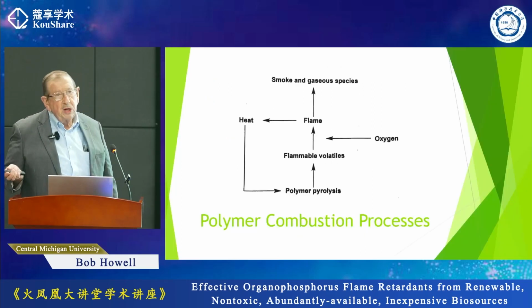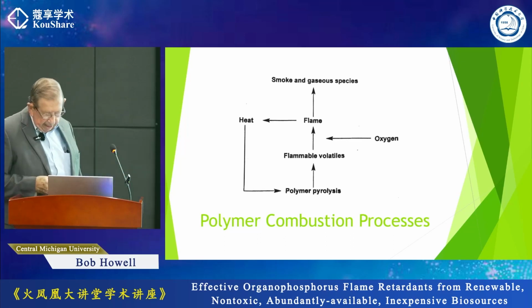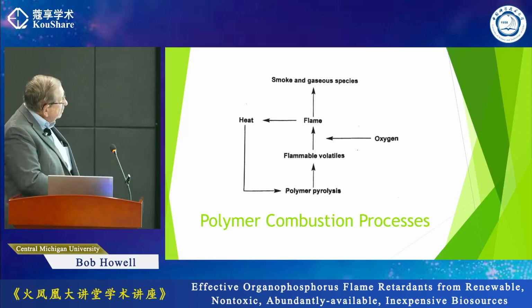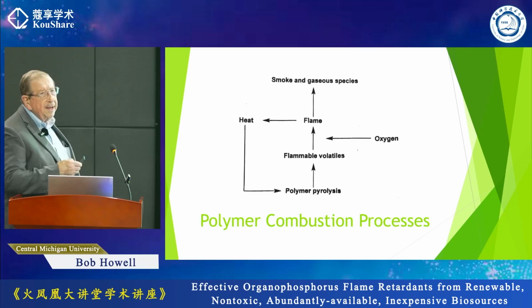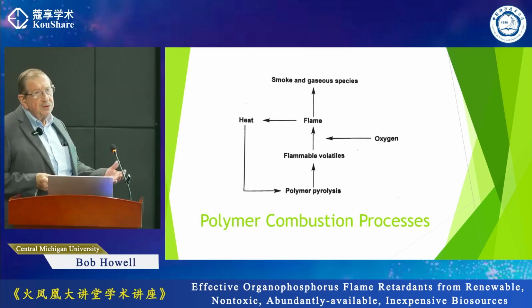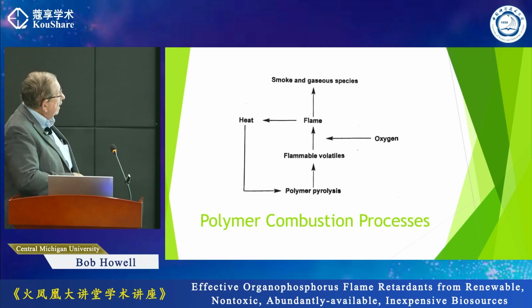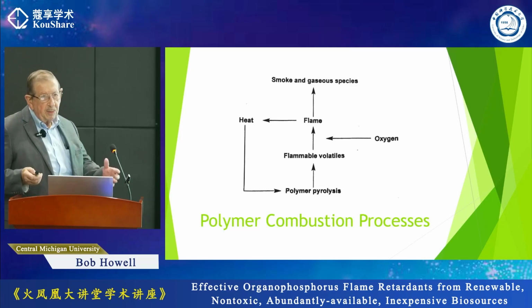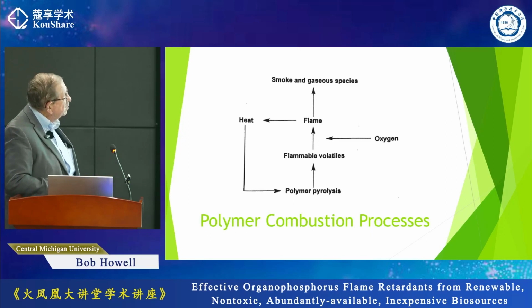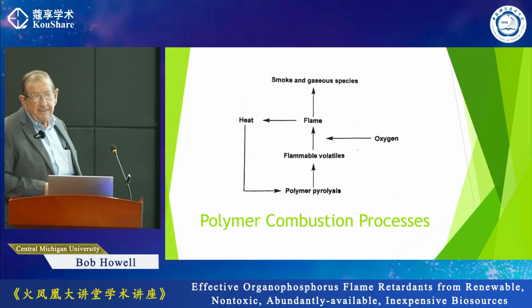If we simply look at this simple diagram, we can see where the opportunities lie for doing flame retardancy. If you heat almost any polymer to a sufficiently high temperature, it begins to degrade thermally.